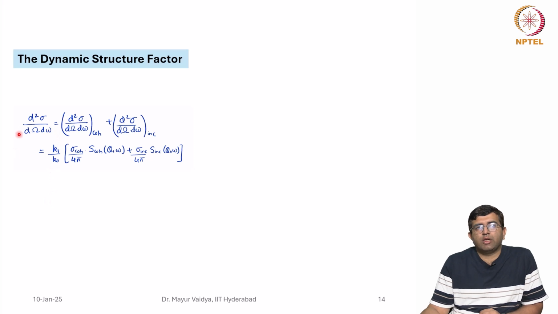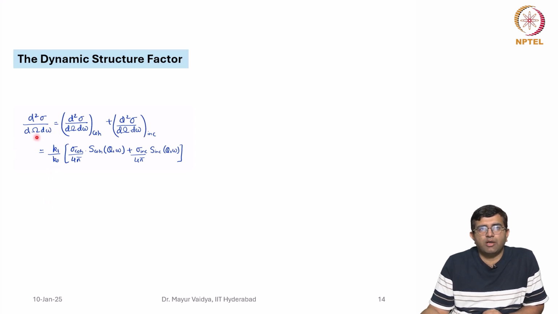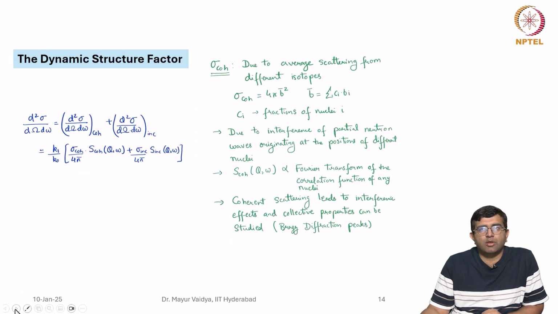This term d square sigma by d Omega d omega contains two parts. One is the coherent scattering, another is the incoherent scattering. Coherent scattering occurs due to the average scattering from the different isotopes.